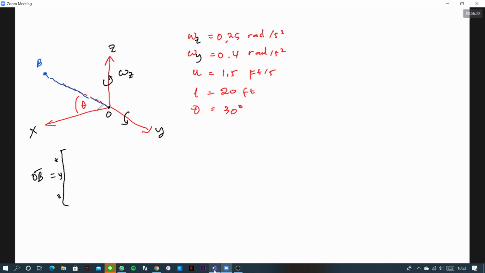Then how can we define point B with respect to the x-axis? What is the length from O to B? The length from O to B is L. So L cos theta, and we need another angle here. If you remember the sphere, let's say I take any point in space like this.